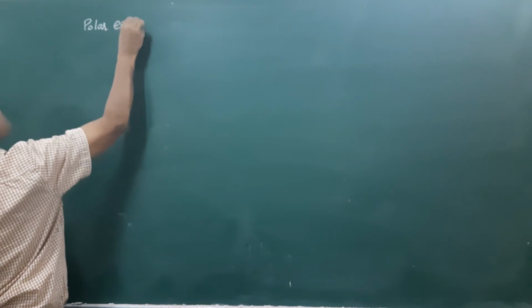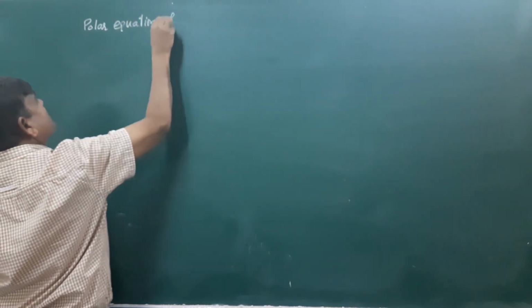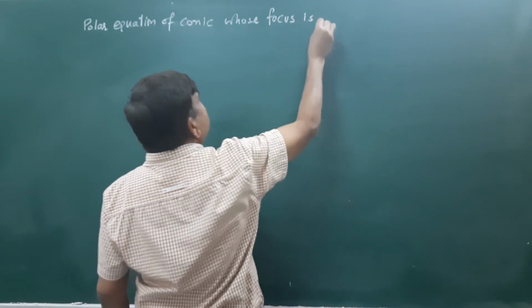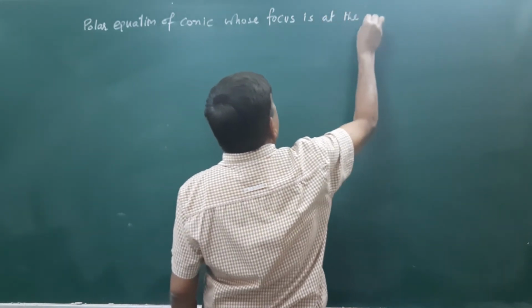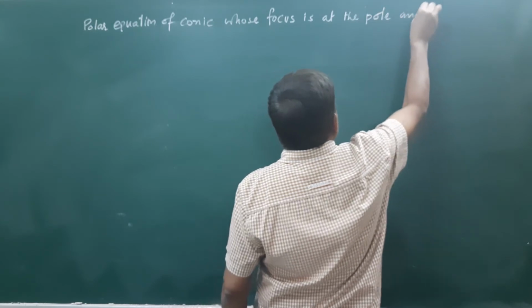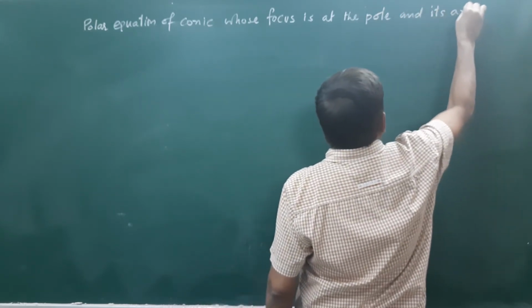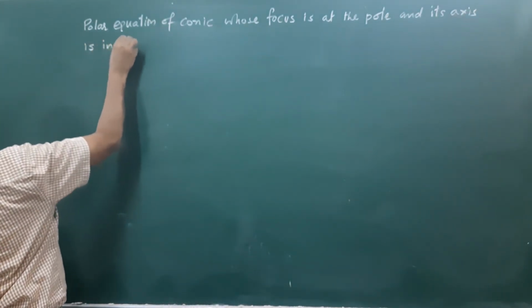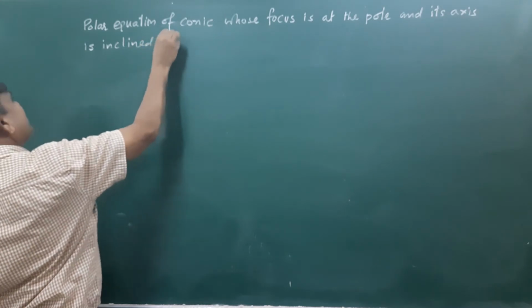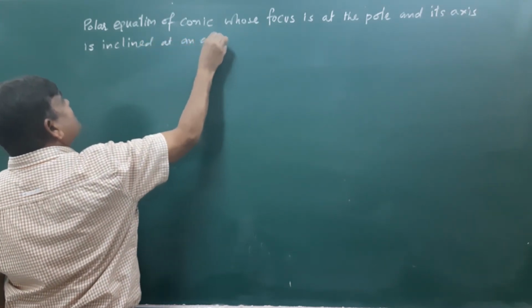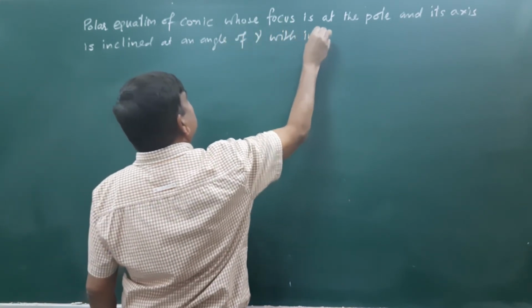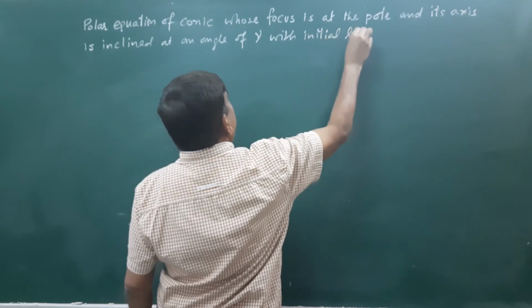Polar equation of conic whose focus is at the pole and its axis is inclined at an angle of gamma with initial line.